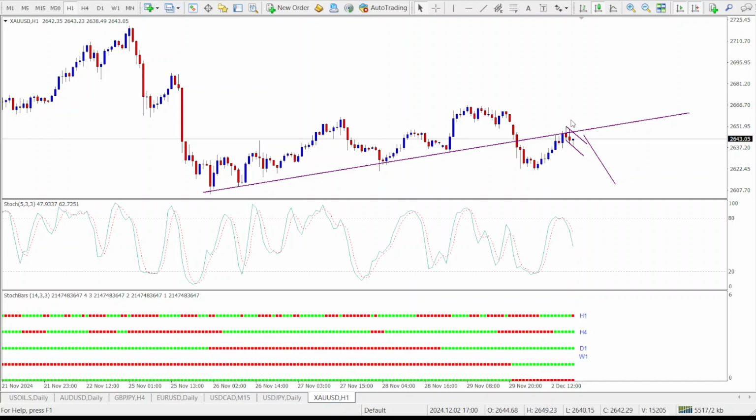Go ahead and exit, perhaps when the price gets to the support zone, or when you have a buy signal on the same time frame. When you want to exit, if you are using the 4TF Stoch Bars Indicator to exit, make sure you use the time frame that you entered. If you use the 1 hour to get your signal, make sure you use the 1 hour to get your exit signal as well, and always reference other indicators for confirmations.